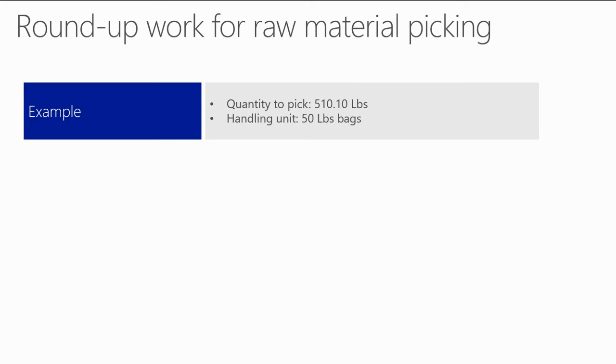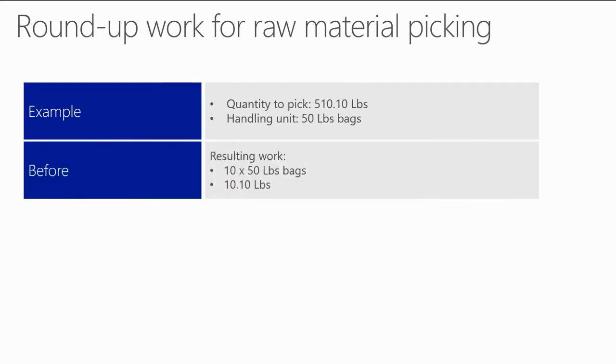So that is interesting. Before, when we acquired the solution, what the system would do, and that is applicable for some customers, is generate work. In this example, if it's 50-pound bags, then it will generate work telling the warehouse worker to pick 10 50-pound bags, 500 pounds, and then we have a remaining quantity of 10.10 pounds.